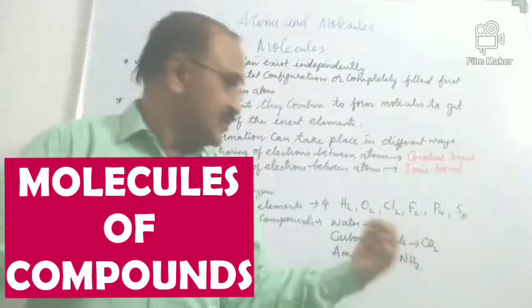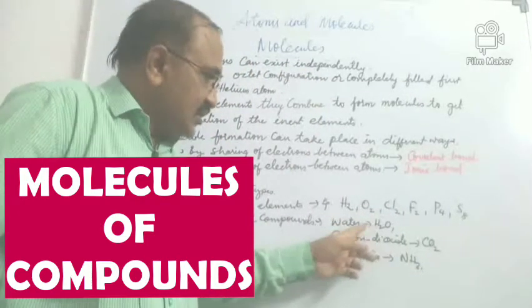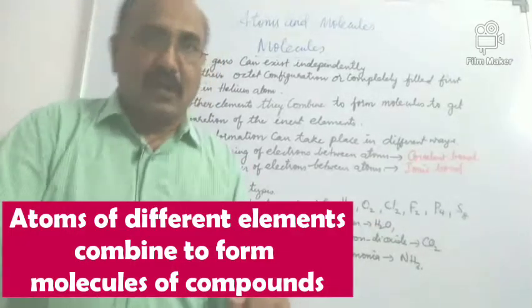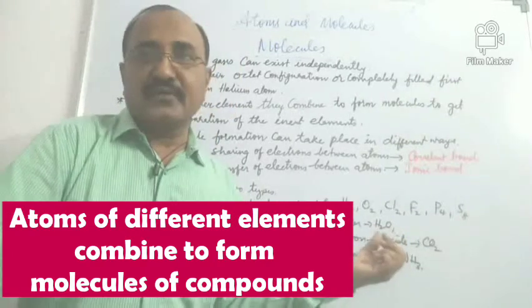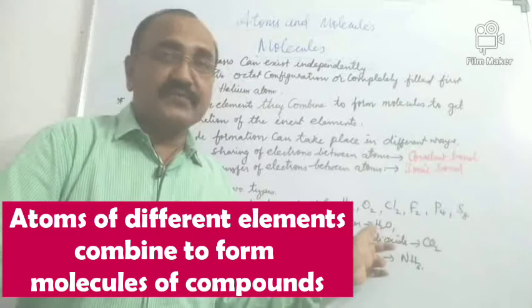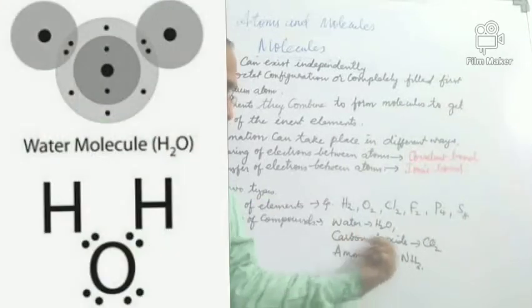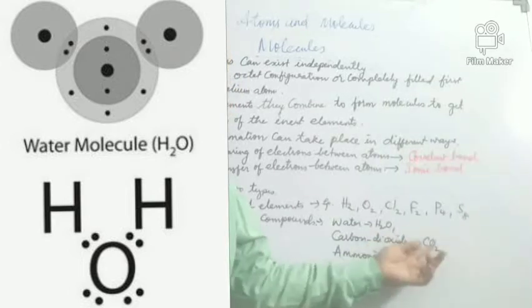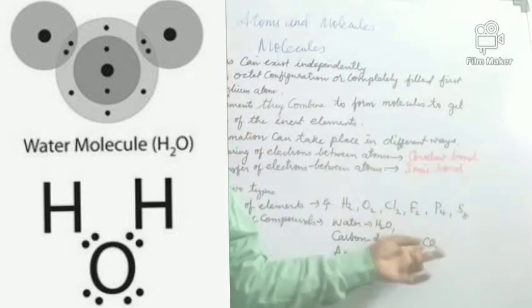You can see, children, in each water molecule there are 2 atoms of hydrogen and 1 atom of oxygen. So this is how the molecule of water is formed, with atoms of 2 different elements. Similarly, in carbon dioxide we have 1 atom of carbon and 2 atoms of oxygen. So this is the molecule of carbon dioxide formed from atoms of 2 different elements, carbon and oxygen.